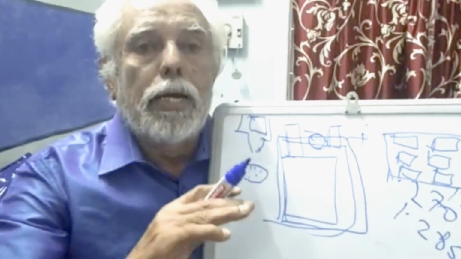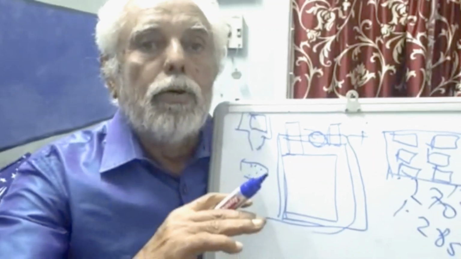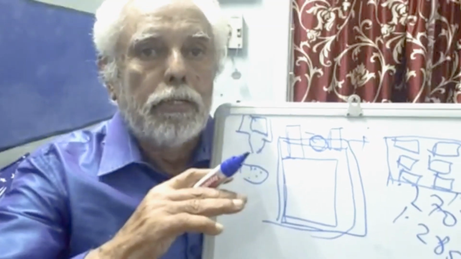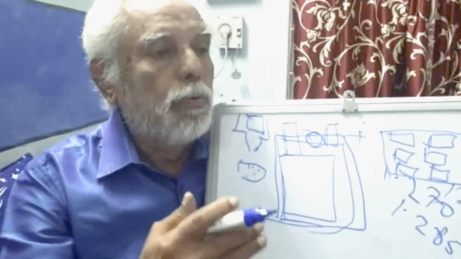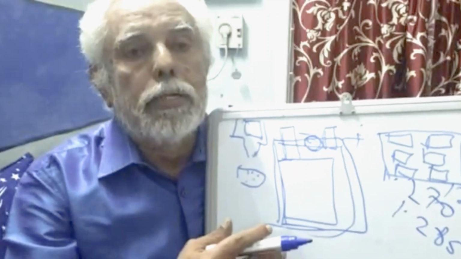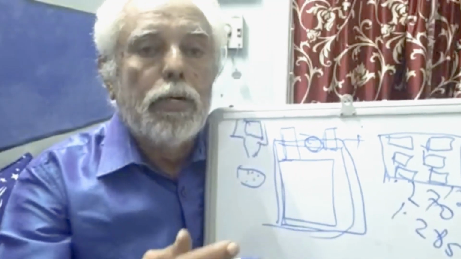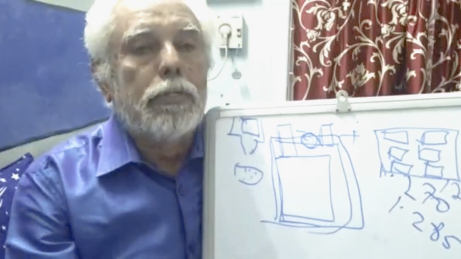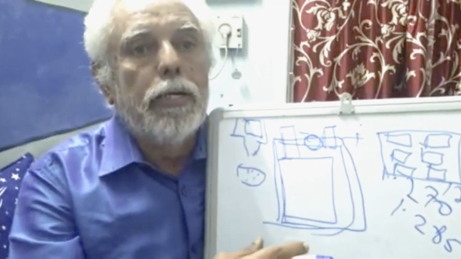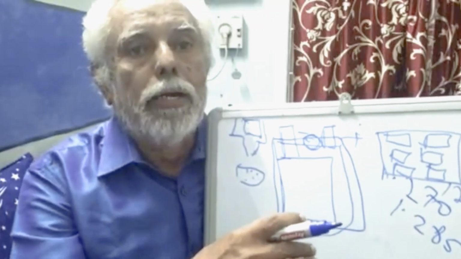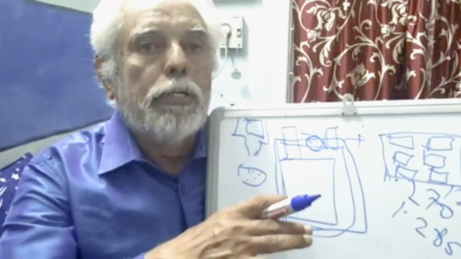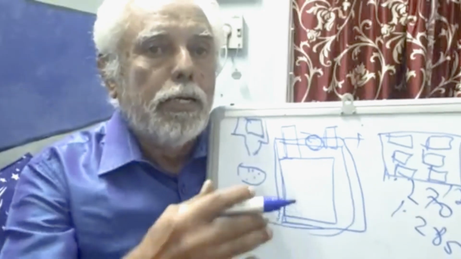When cells are connected in parallel, your voltage remains constant, energy increases. You can see here: 2 cells connected in series, if you are operating your record player, it will run for 3 hours. But if you put 4 batteries, 2 each in parallel, it will run for 6 hours. That means your voltage remains the same and energy increases.